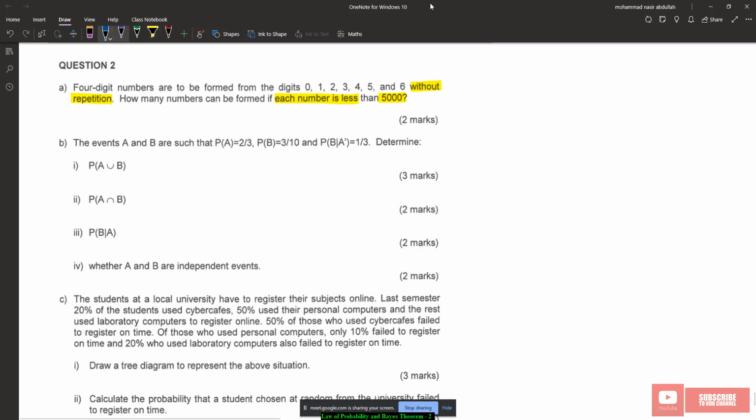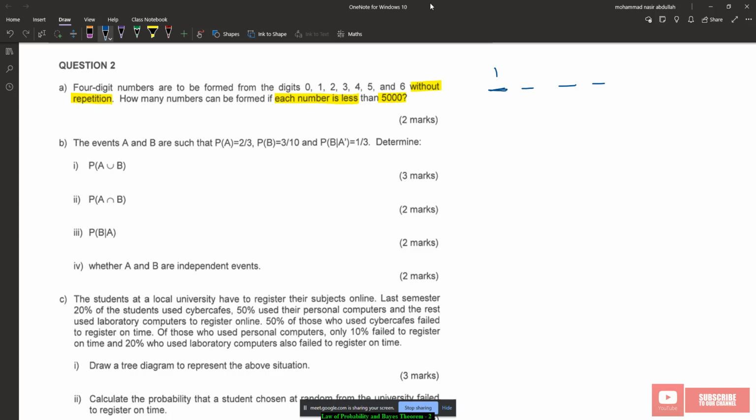So we want to form a 4-digit number, and this number should be less than 5,000. It means it should be 4,999 and below, right? 4,999 and below. So the first number here should be only 4. So here only 1 choice.